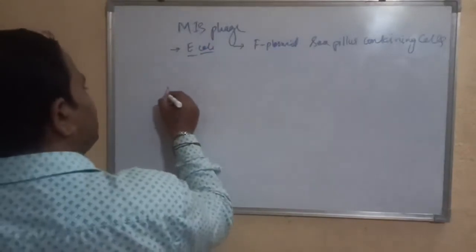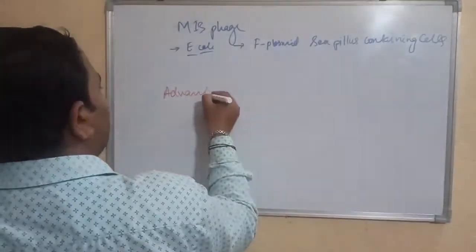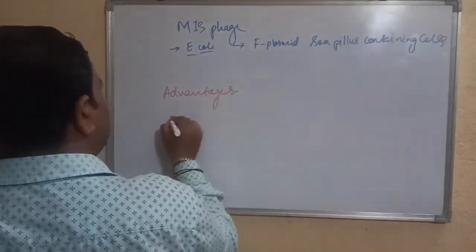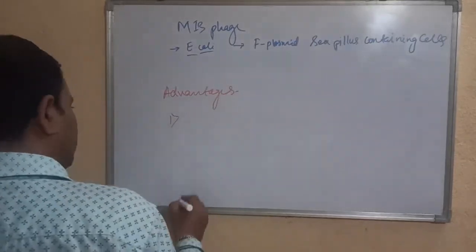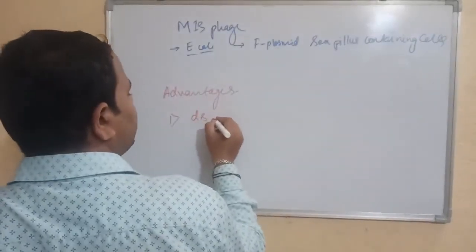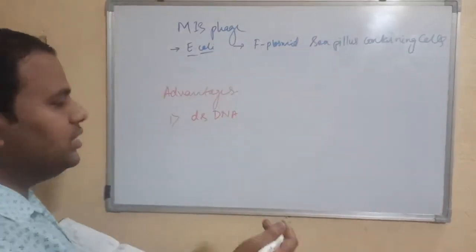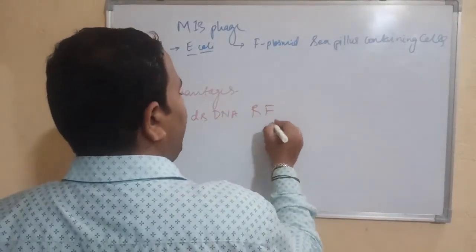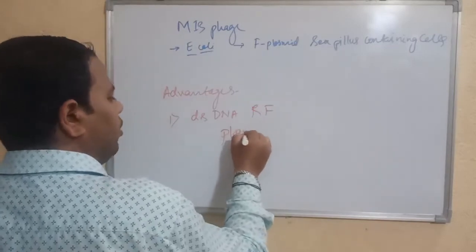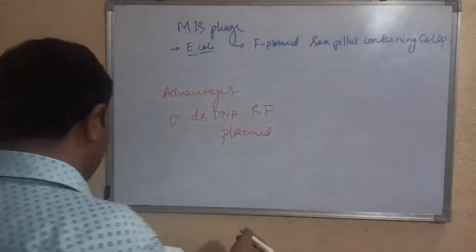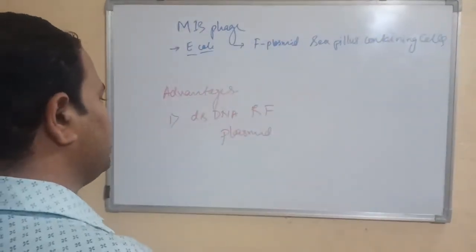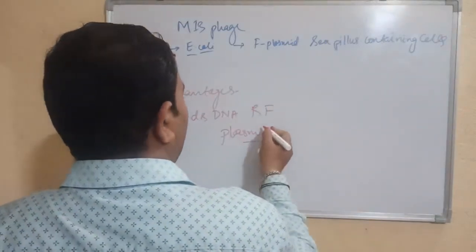There are a few advantages of using M13 phage. The first and foremost advantage is the double stranded DNA which is formed inside the bacterial cell, that is the replicative form, can be used as a plasmid. It looks like a plasmid, and since it is in bacteria, it can be used as a plasmid.